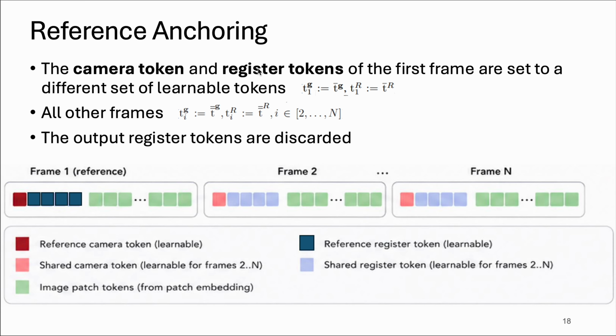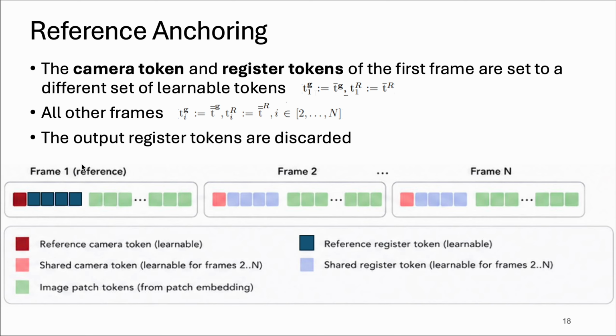Let's go back to the VGGT paper. This slide shows how the reference anchoring happens together with the reference token. Here is a list of inputs: the first frame, second frame, until the nth frame.